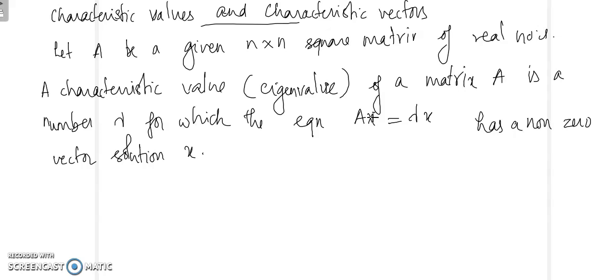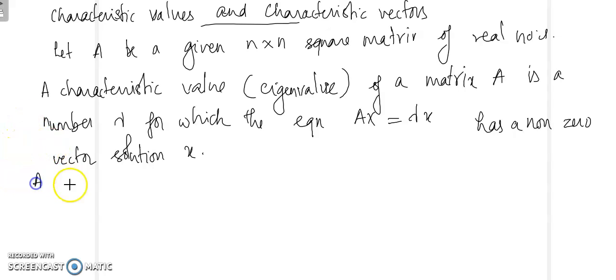So such a value lambda is called the eigenvalue, and such a corresponding vector x which satisfies this equation is called the eigenvector or the characteristic vector. So lambda is a value such that Ax is equal to lambda x for the vector x. So x must be a non-zero vector, and the vector x is called the characteristic vector or eigenvector.